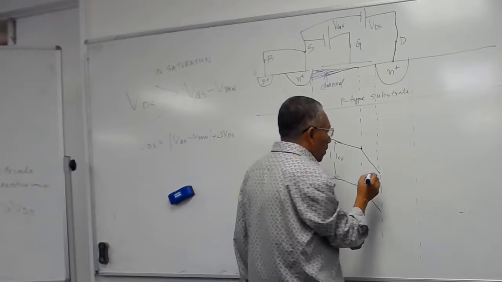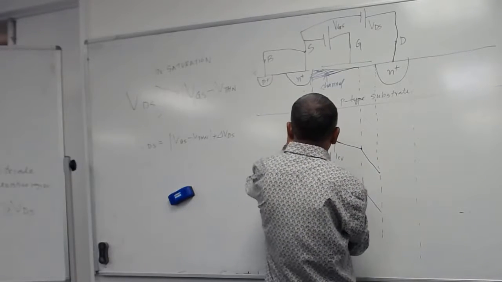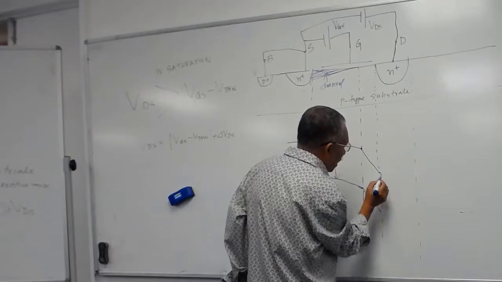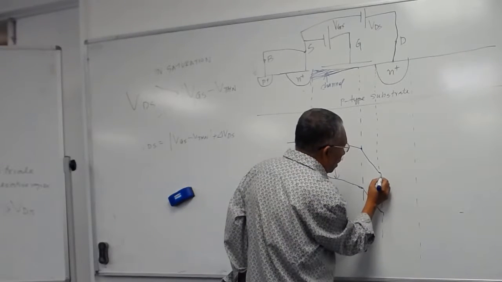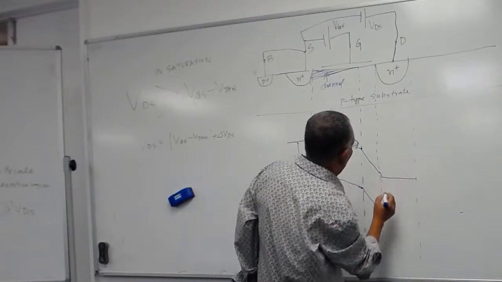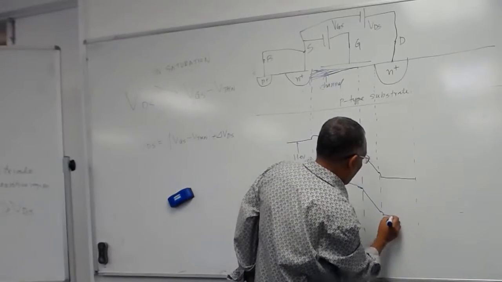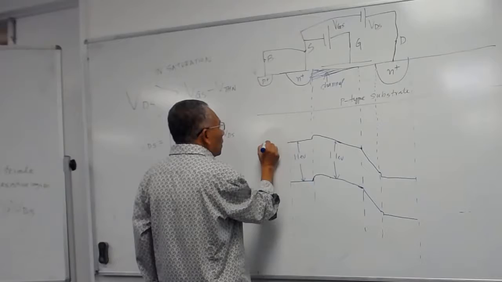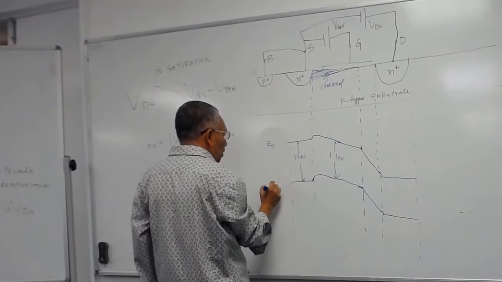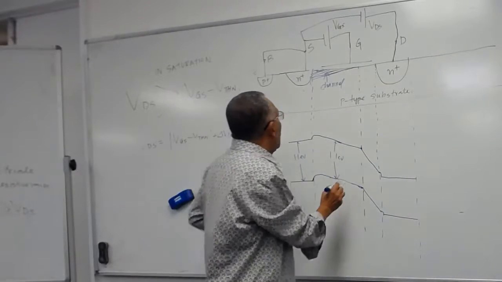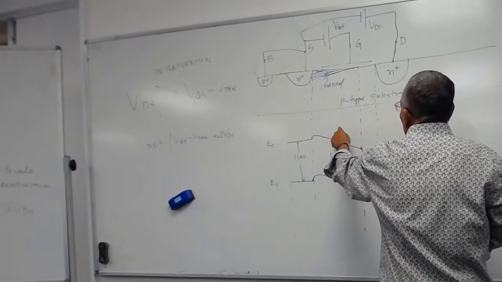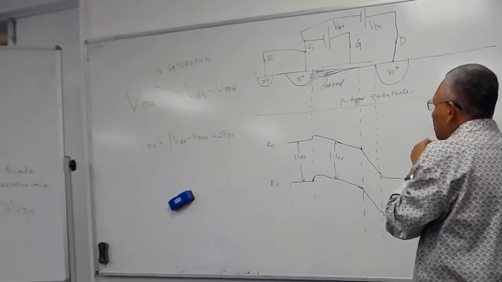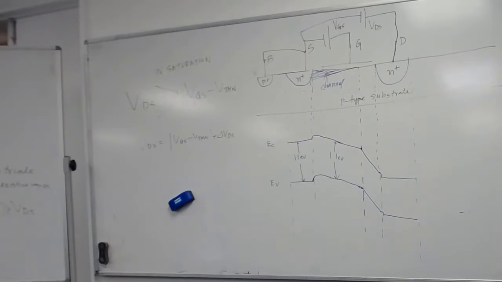Then you will have this small bend here, and then this goes straight like this, to the end. So there is the drain. This is your EC, this is your EV, all the way from here to here. So this is what's going on.